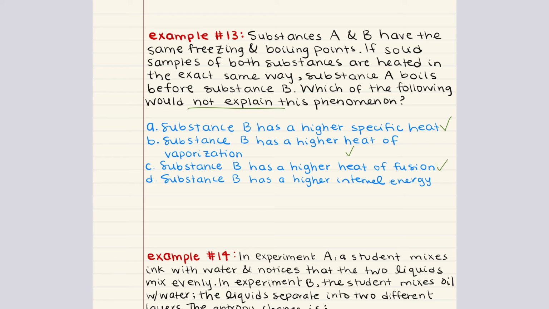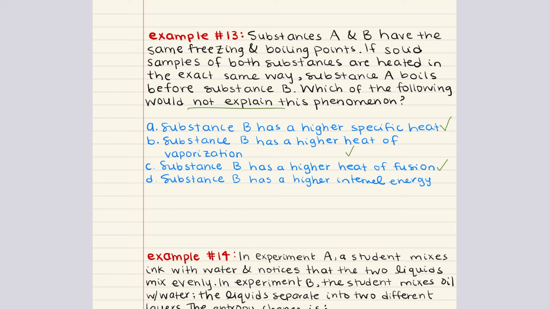Then answer choice D says substance B has a higher internal energy. The internal energy of a substance refers to the total energy contained within it, including the kinetic and potential energies of its particles. While higher internal energy might suggest higher molecular motion, it does not directly impact the rate at which the substance reaches its boiling point or its ease of phase change.